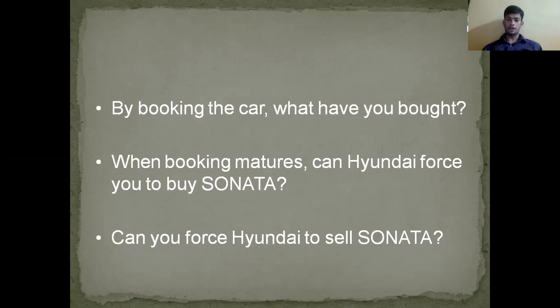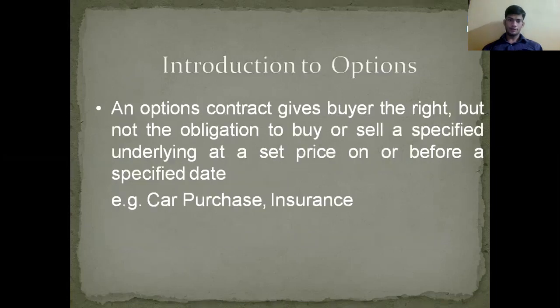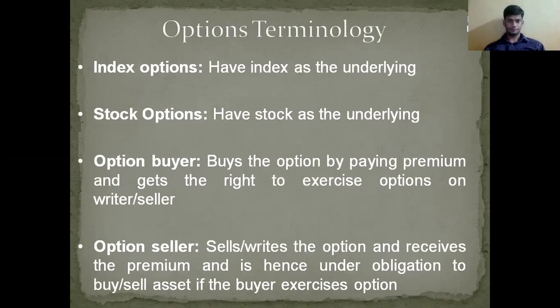When you book, can Hyundai force you to buy the Sonata? Can you force Hyundai to sell the Sonata? Introduction: an option contract gives the buyer the right but not the obligation to buy or sell a specified asset at a set price before expiry, like a car purchase or insurance.